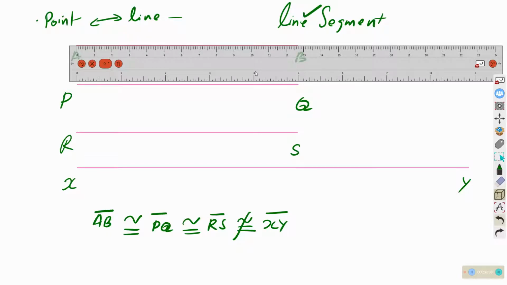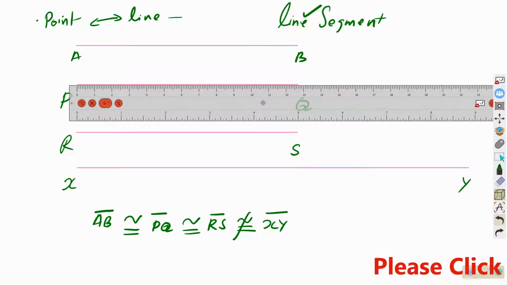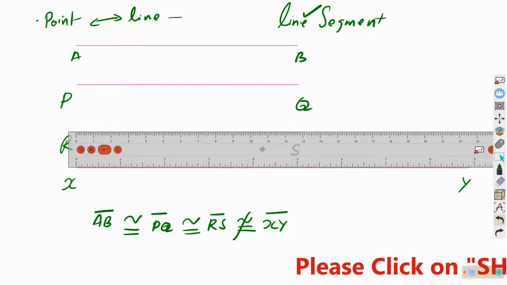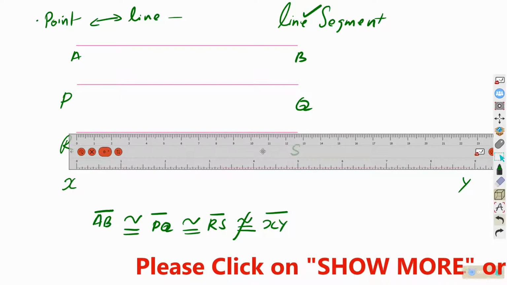Now this is somewhat like 12 centimeter. And it is not 13, it is 12.7, I would say. When I measure this, it is also 12.7. This is also 12.7.